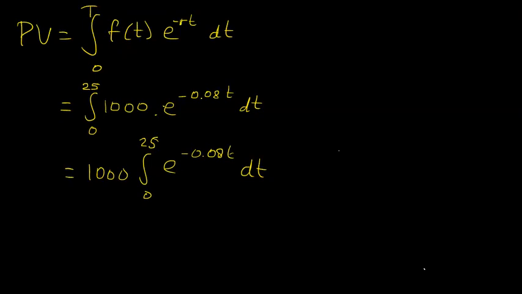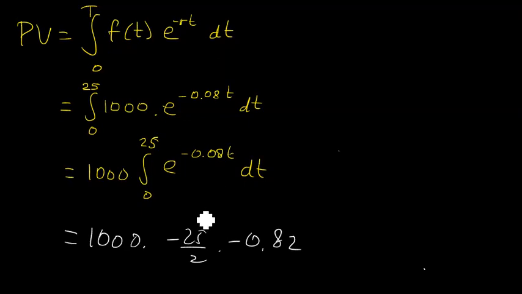Okay, now we have to go back over here. This becomes 1000 times what we have calculated here. Now we go back to the first part. We have 1000, and for this case we got 25 over 2 times minus 0.82. Okay, this is 500. Oh my god. To make it easy, there are two zeros here.